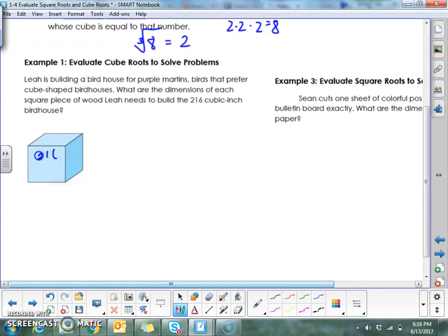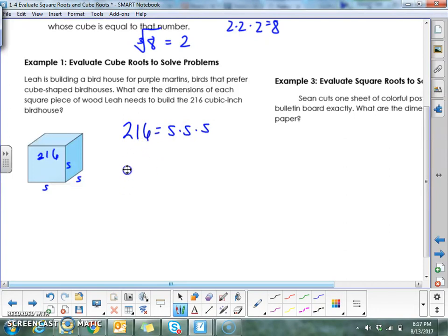So this has a volume of 216 cubic inches. So we need to figure out what side length times what side length times what side length is going to give us 216.